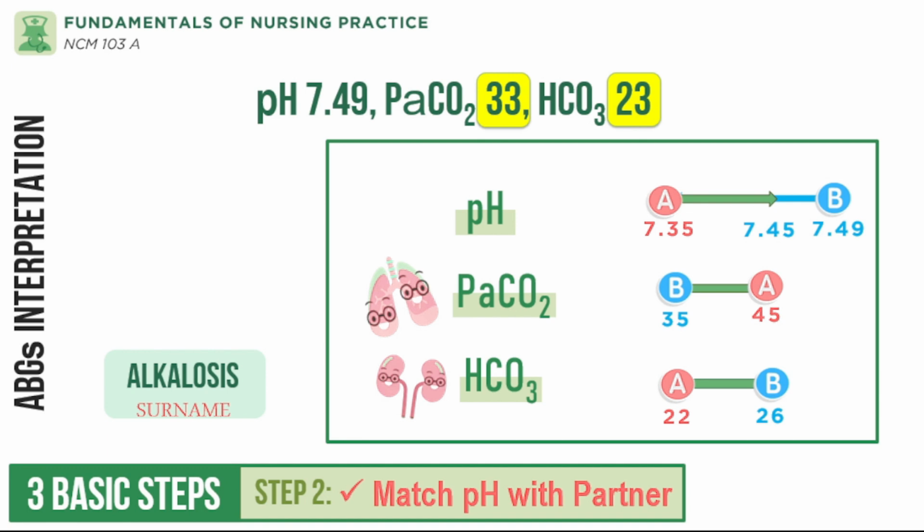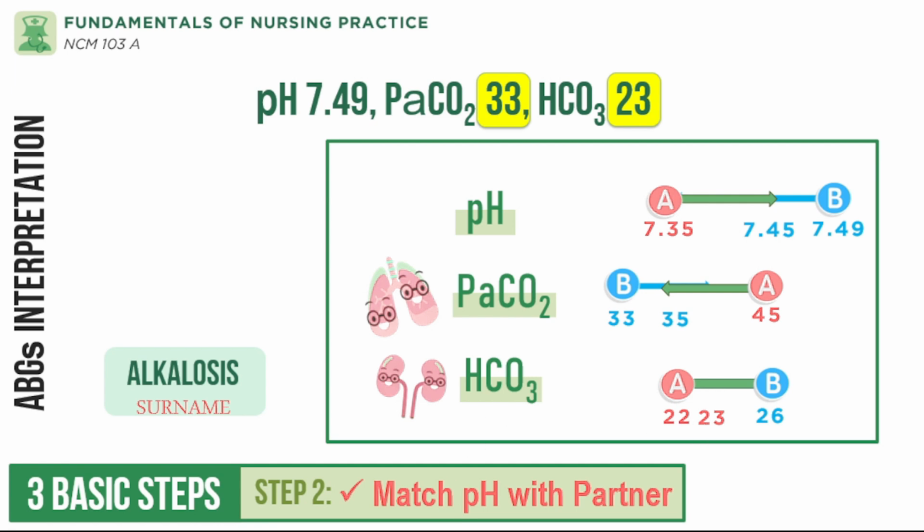Now let us see which is the matching partner of your pH. The given carbon dioxide is 33, so this is on the left side of our chart. And your bicarbonate is at the normal side of your chart, between 22 and 26, so 23.